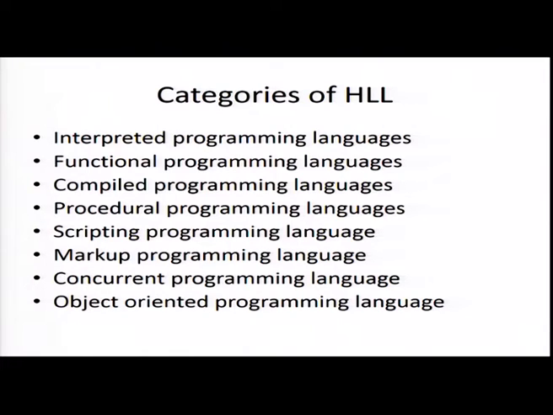The seventh category denotes concurrent programming languages. The eighth category denotes object oriented programming languages. Now let us see each and every category of high level language in detail.